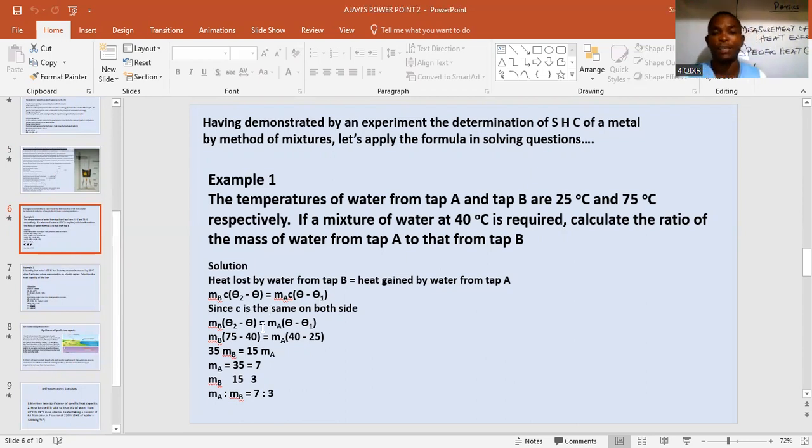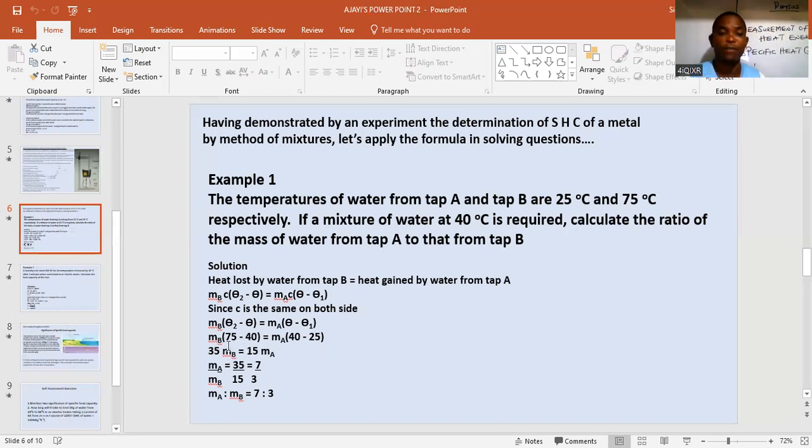Since the specific heat capacity is the same on both sides, they will easily cross out. And then we will now substitute our values into the formula.